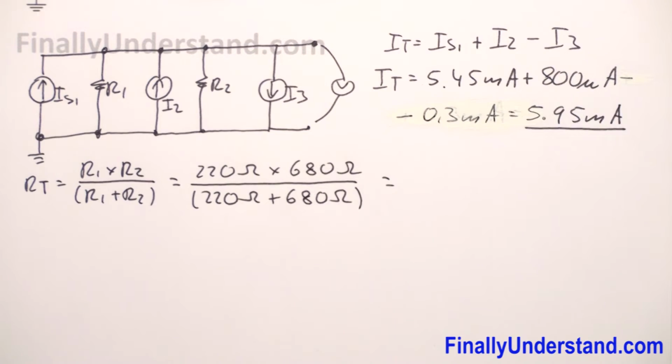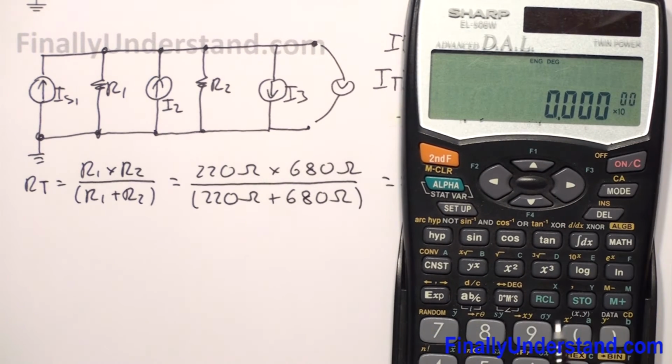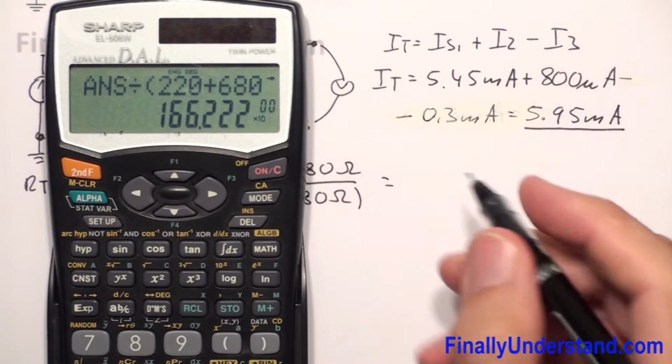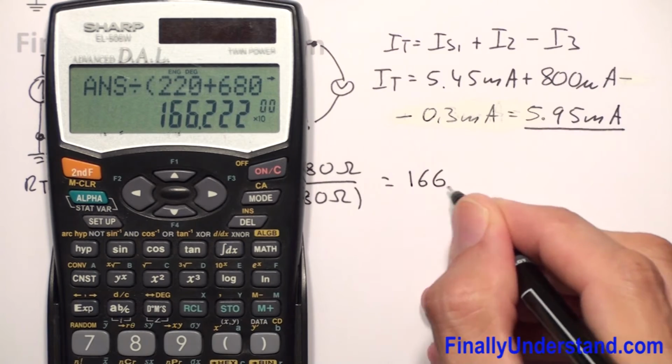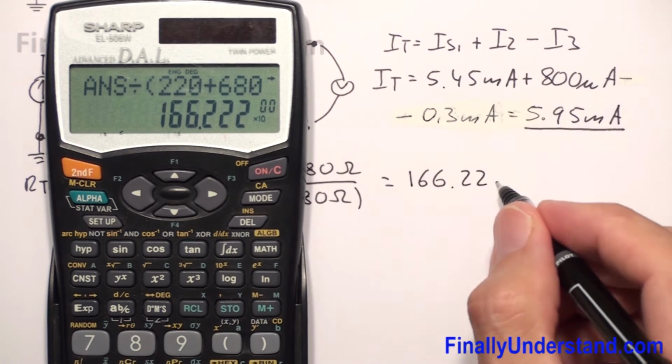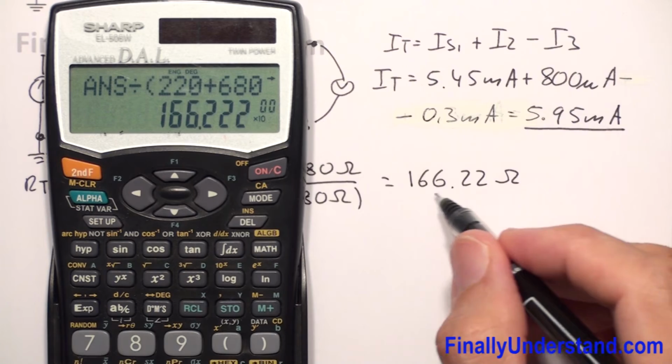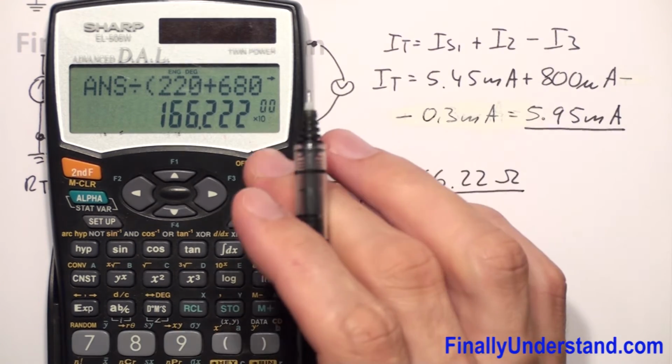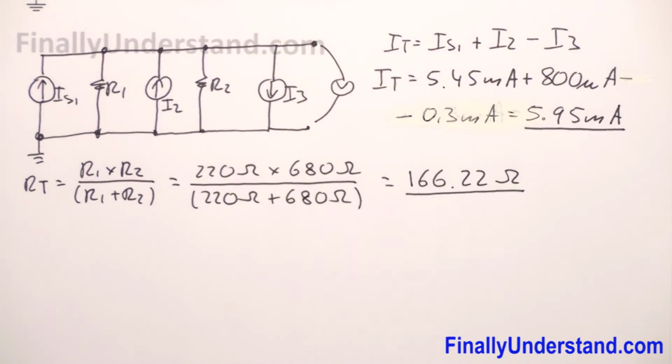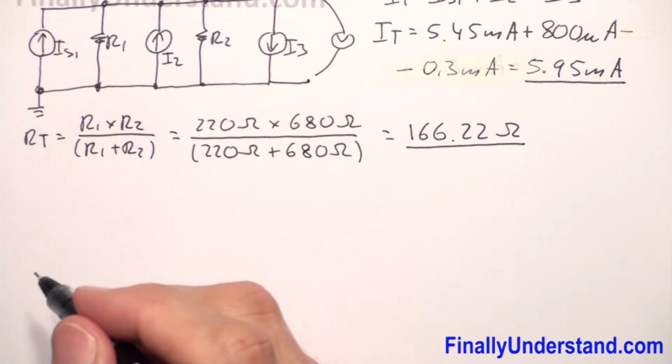equals 220 times 680, divided by, open parenthesis, 220 plus 680, close parenthesis, equals 166.22 ohms. Okay, this is my total resistance. So now we can redraw the circuit.